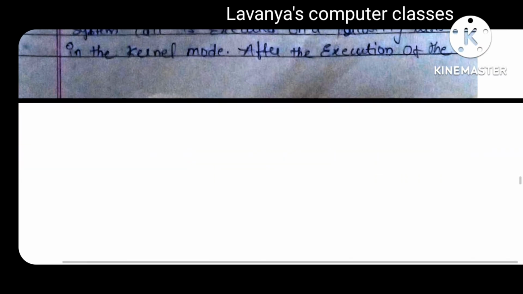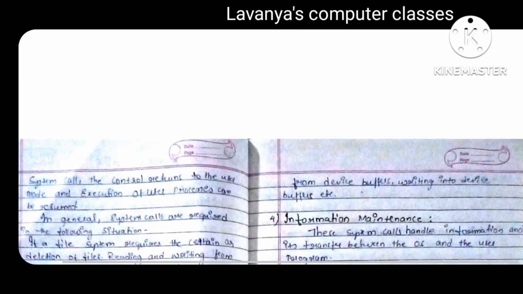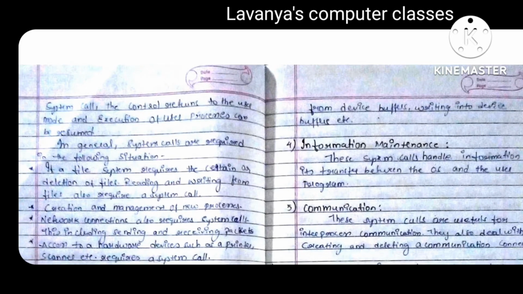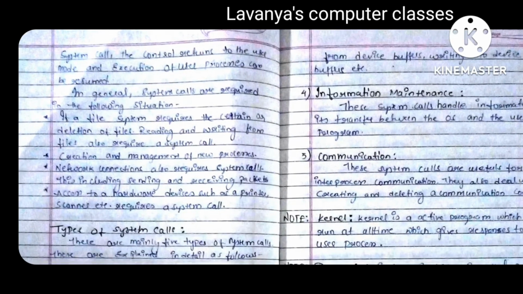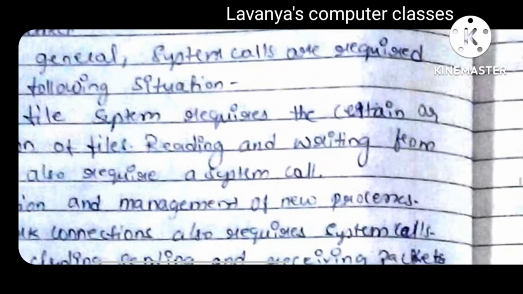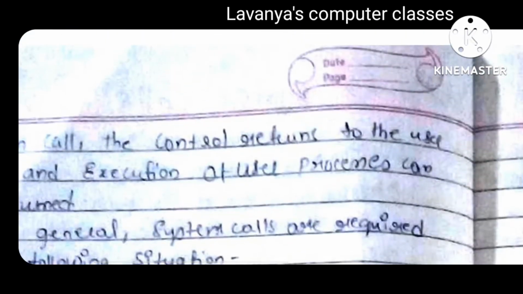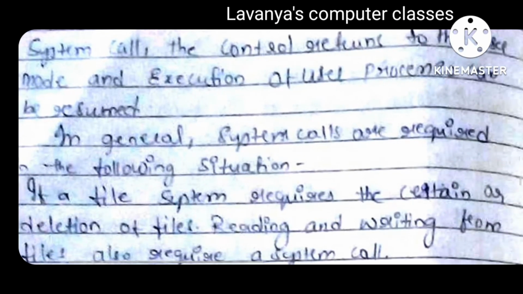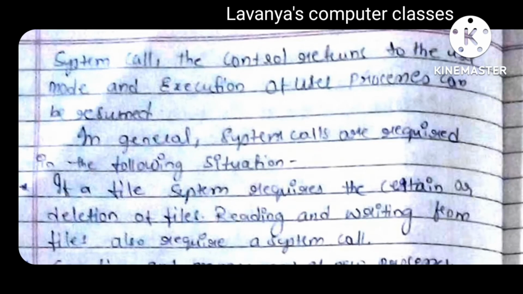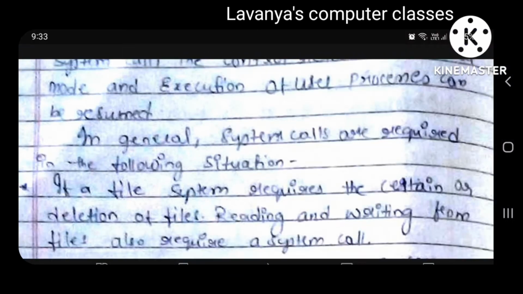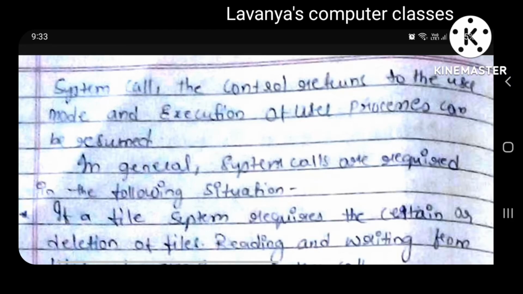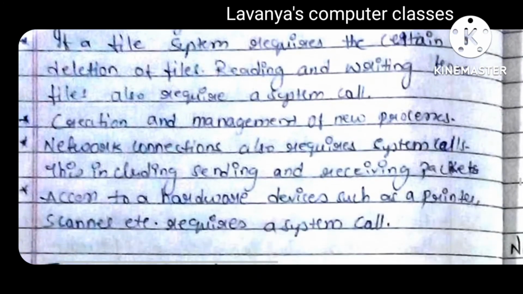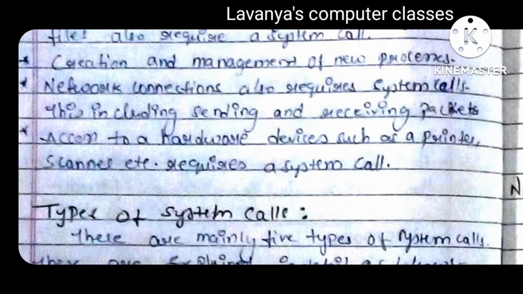These are the notes for system call. So these are the explanation of system calls.